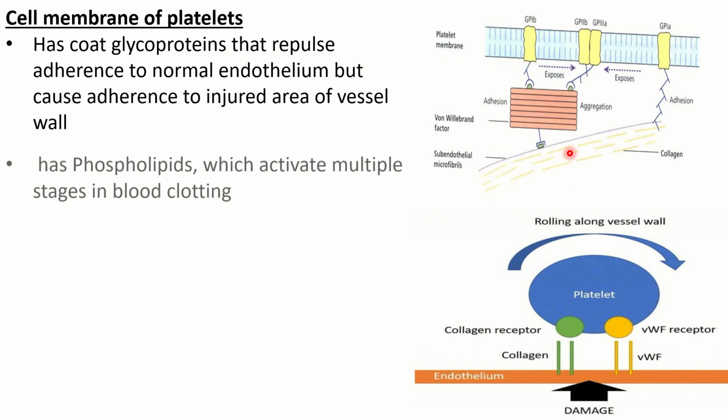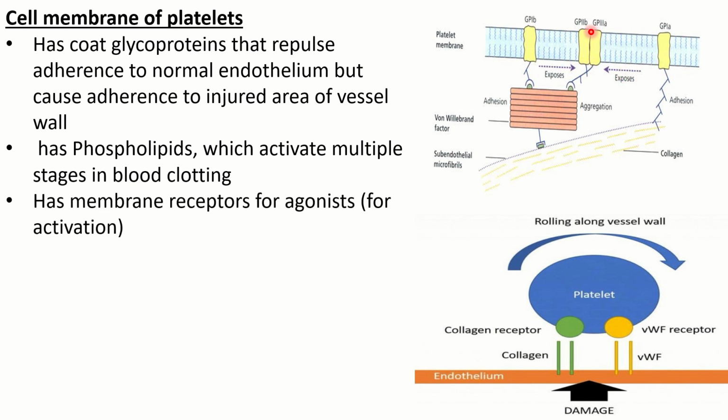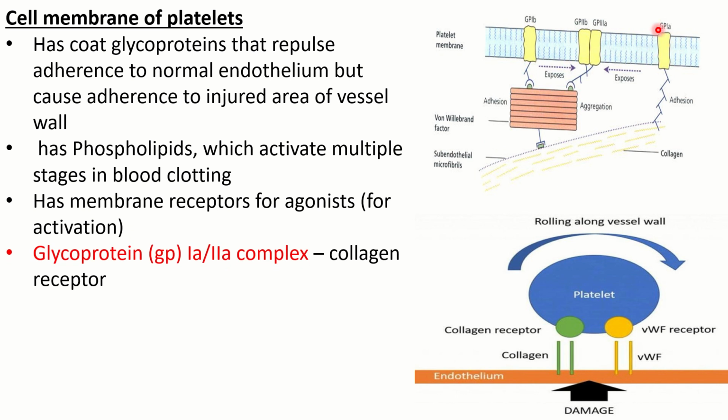We also see that the membranes have phospholipids, which activate multiple stages in blood clotting, as they have embedded within them membrane receptors for agonists. So these agonists, such as collagen and von Willebrand factors, activate these platelets. The first one here, we have glycoprotein 1A, which works on collagen when there is blood exposure to collagen due to injury.